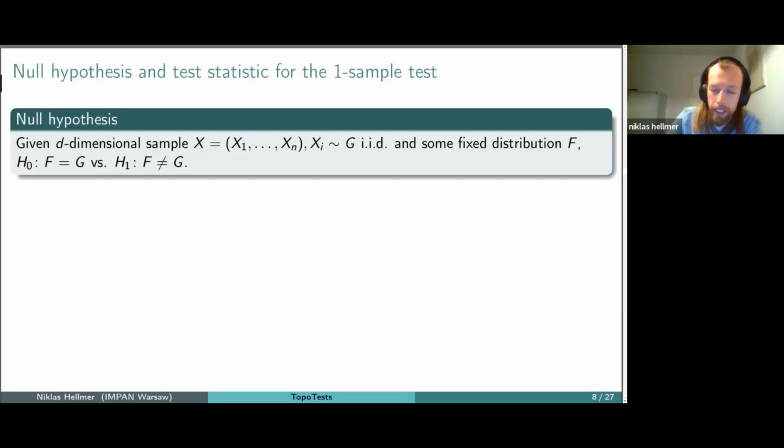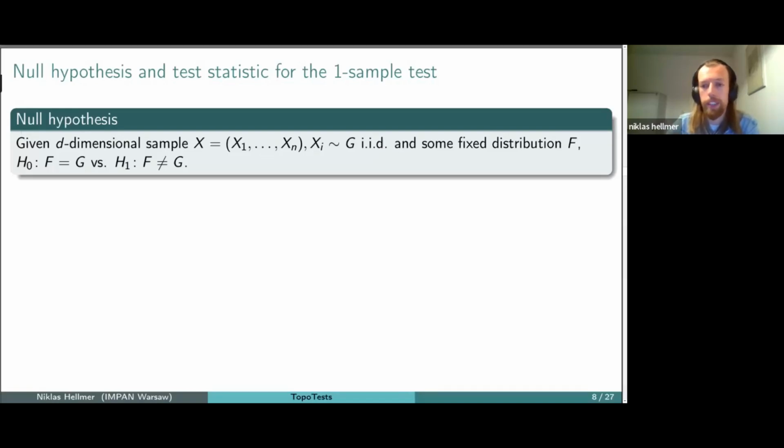So I'm going to have to introduce a bit more statistical terminology here. So I'll sample n points in some ambient d-dimensional Euclidean space. Each point should be sampled from some unknown distribution in an independent and identically distributed way.